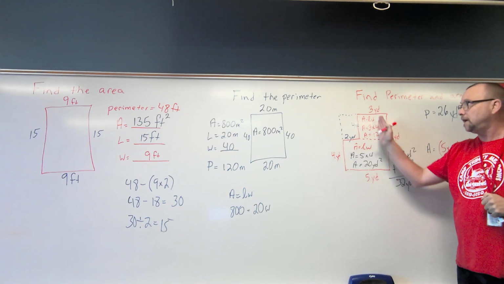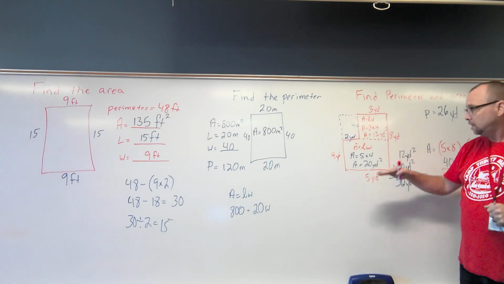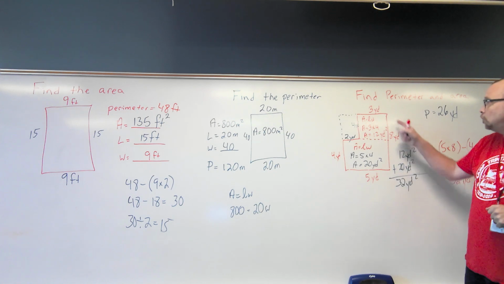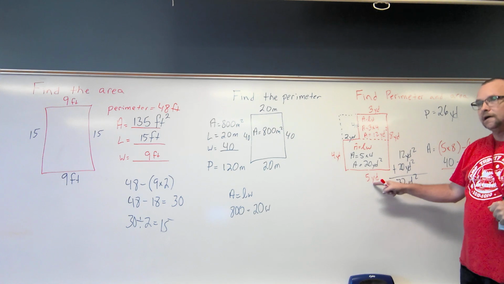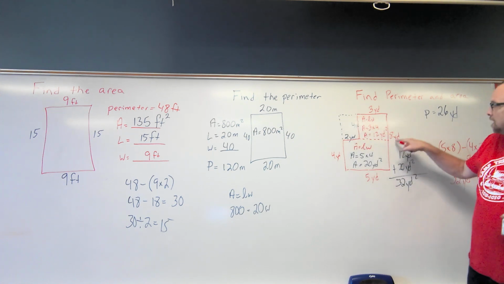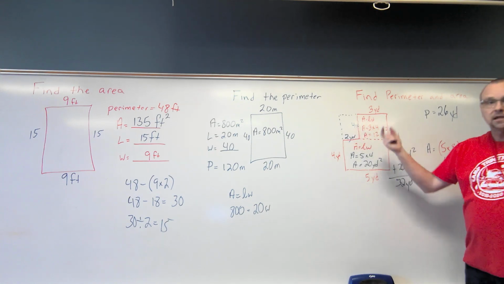So the opposite sides, if this was a full rectangle, would both have to be 8, and these 2 opposite sides would both have to be 5. So this plus whatever I got here has to add up to 5. This plus whatever this is has to add up to 8. And so I made small rectangles.